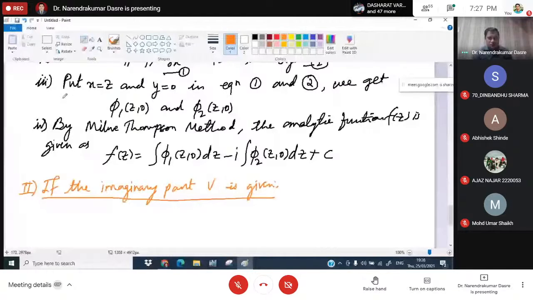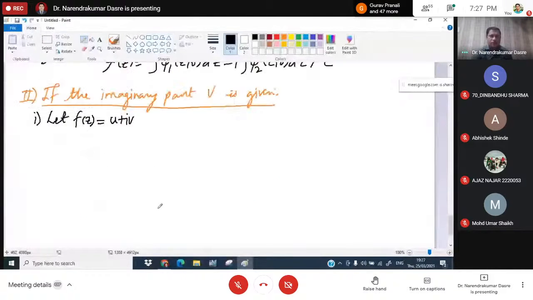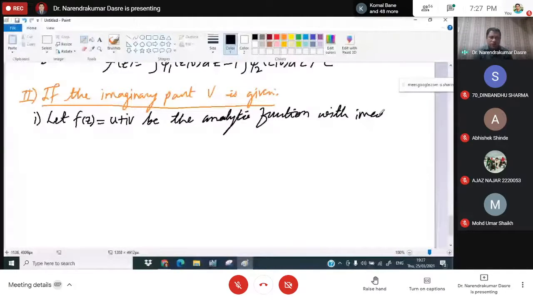So let f of z is equal to u plus iv be the analytic function with imaginary part v is equal to v of xy.